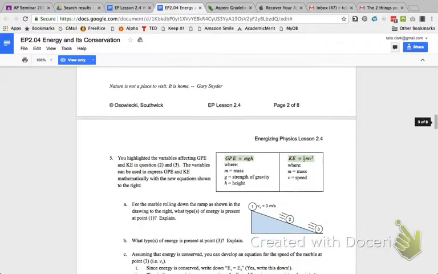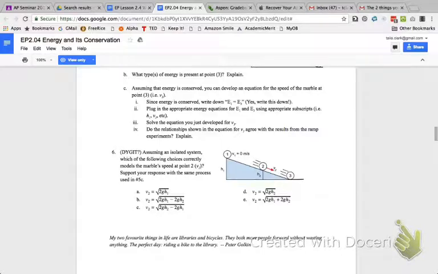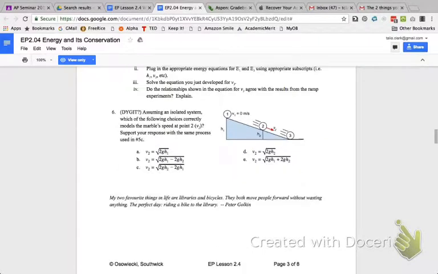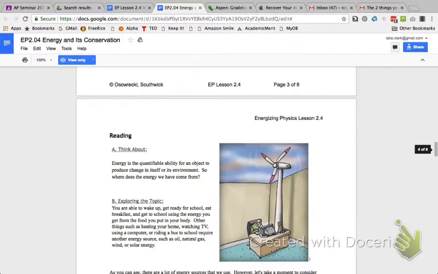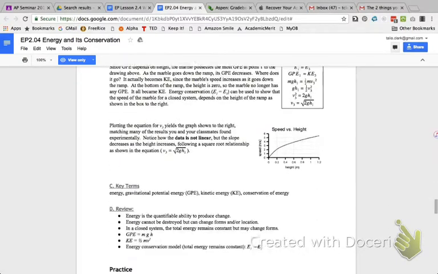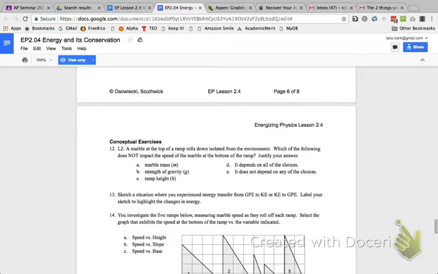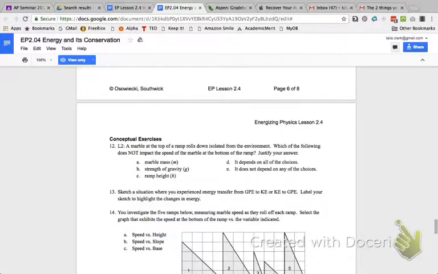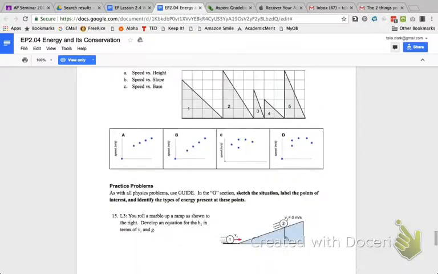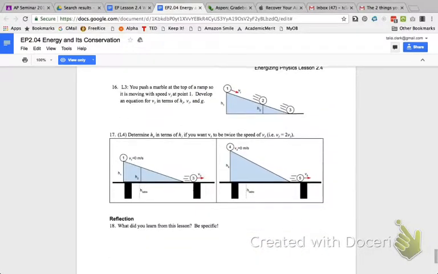We're going to focus today on this question 6, this question 12, this question 15, 16, and 17.